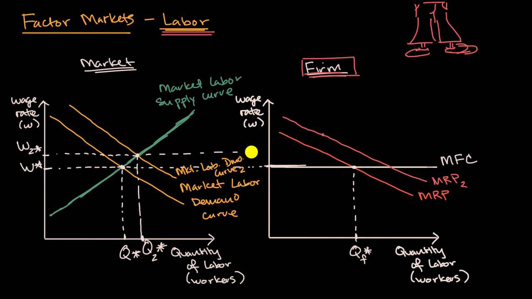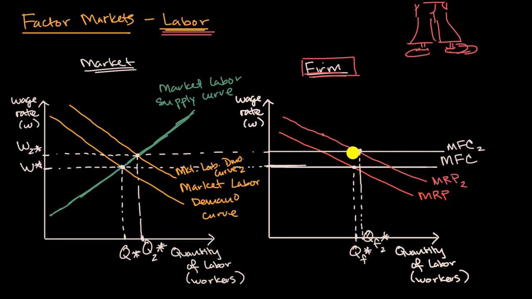Well, the wages have gone up. So has the marginal factor cost. So in this situation, we now have a marginal factor cost sub 2. And now we have a new quantity that is rational for this firm to actually go out and hire.